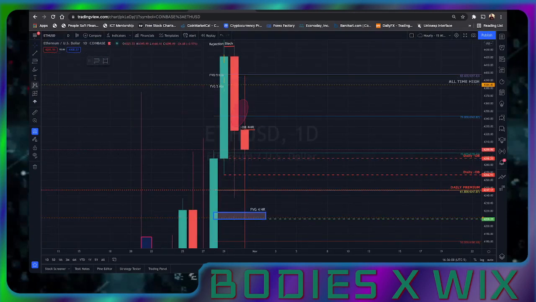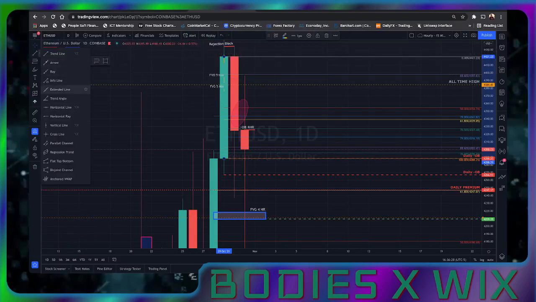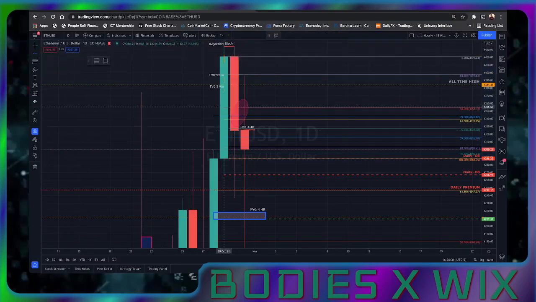Okay, so what I'm looking for next is I'm going to take this full last body, right? And I'm going to just put a fib on it, just the body, right? Measure it in half. There's the 50% right there. What I'm going to do is put a horizontal ray right at the 50.